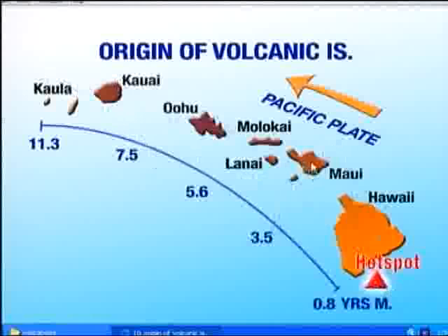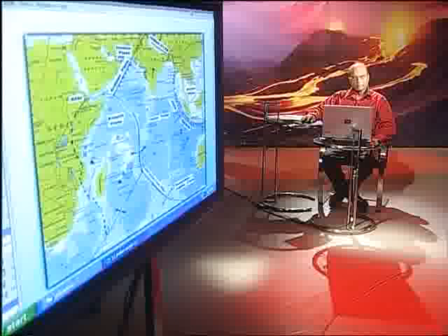Here you have the island of Maui, where we have a dormant volcano called Haleakala, and this is mainland Hawaii. Here we have active volcanoes, the volcanoes of Mauna Loa, Mauna Kea, and Kilauea. Hawaii is therefore a classic example of hotspot volcanoes.